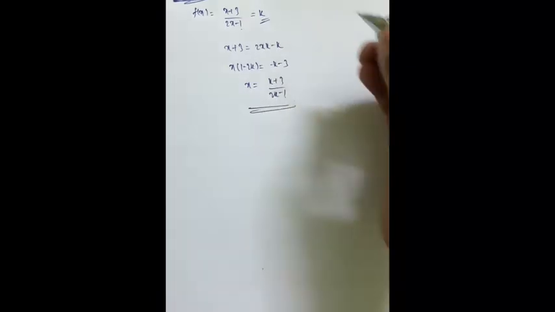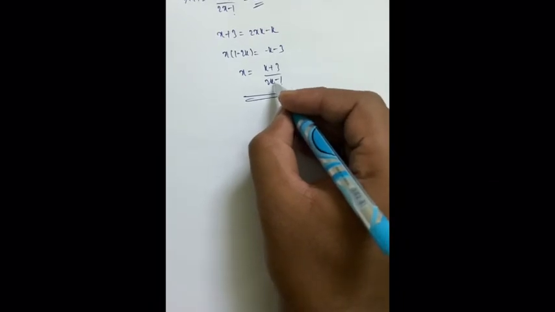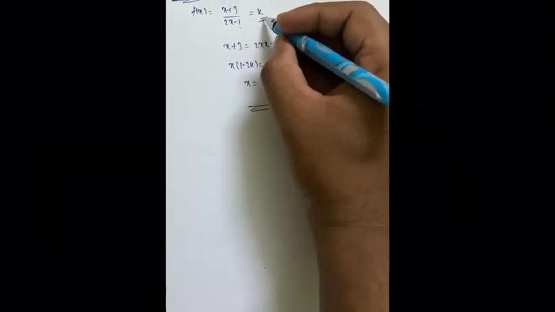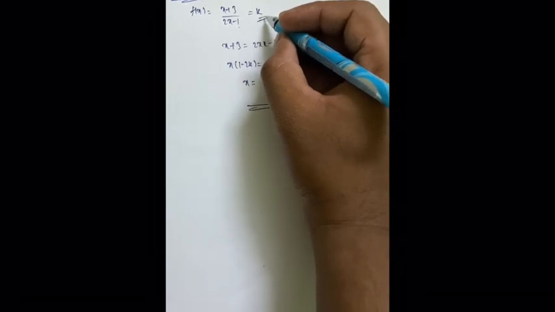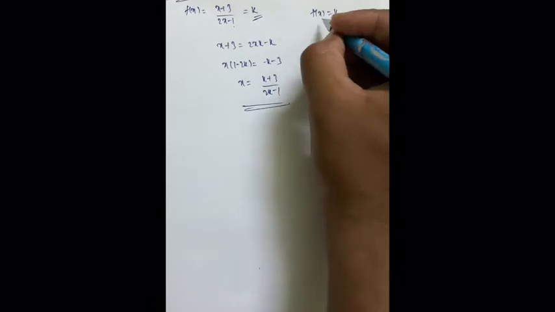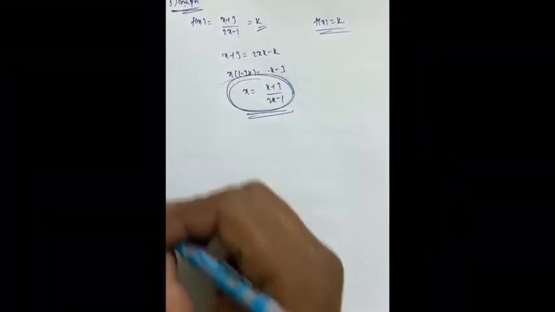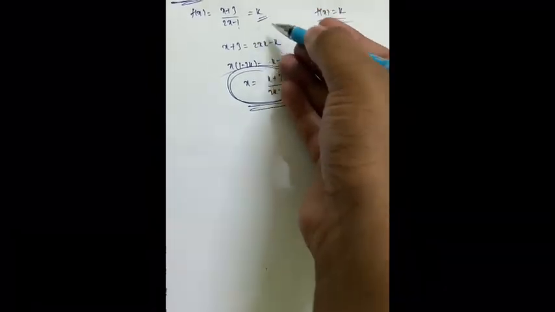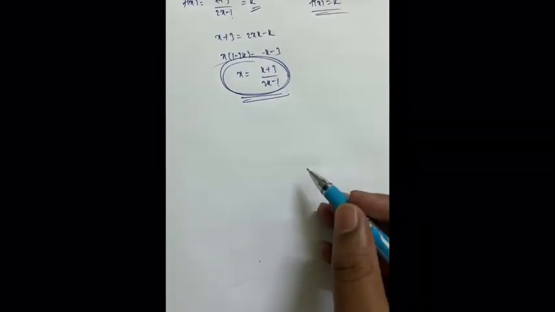No matter what value of k you put other than half, because if k is half then x will be undefined, this equation f of x equals k is going to have only one solution, right? You are not getting any quadratic or anything like that. You put one value of k, you get only one value of x.